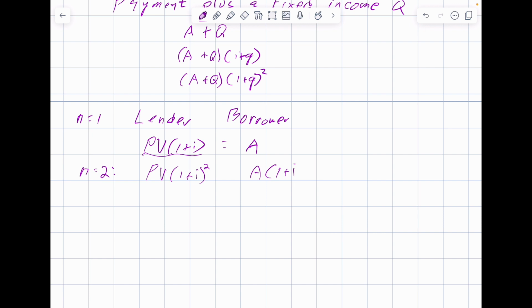We'll give a little space between the first payment and the second payment to help visualize the math.